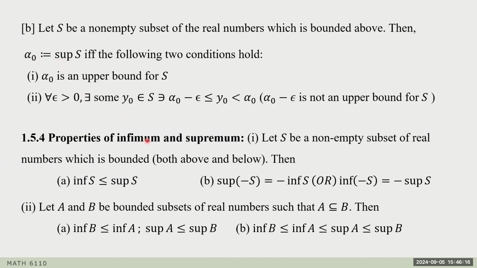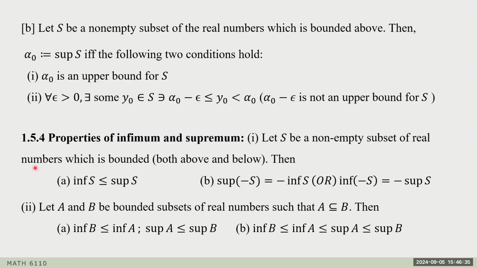And these infimums and supremums have a lot of nice properties that would be useful to know. So let S be a non-empty subset of real numbers that is bounded, let's say both above and below.